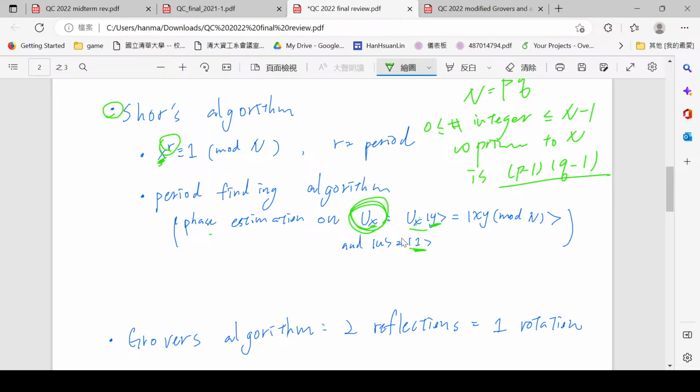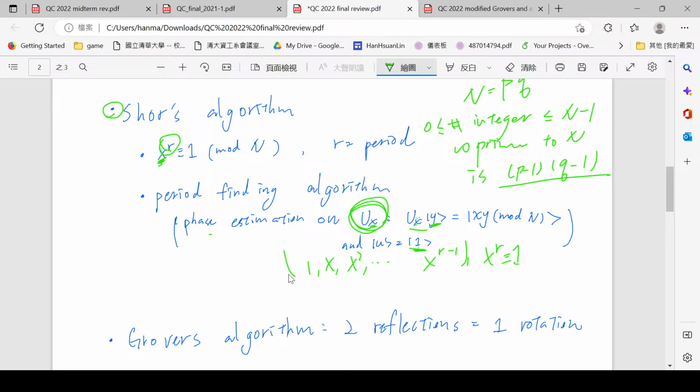So if you apply U_x on 1, you will get x, x squared, up to x^(r-1), and then x^r is actually equal to 1, right? So this is an r-dimensional invariant space that's fixed by this U_x.